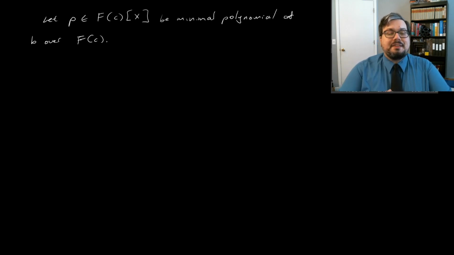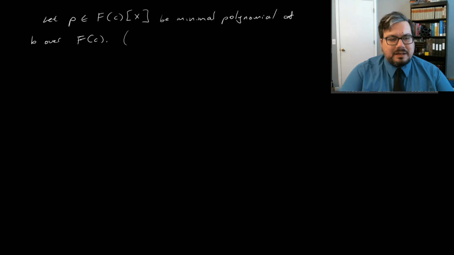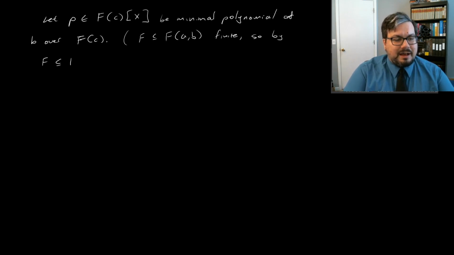Here we're using the fact that we can do this because we have that f contained in f of ab is finite, and so by a previous theorem we have that f is contained in f of c, which we already know is contained in f of ab.